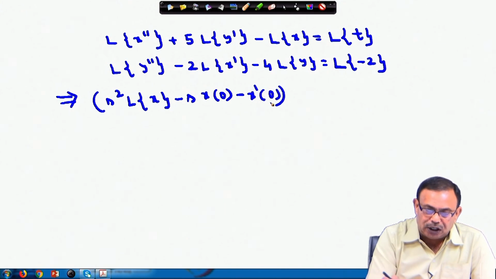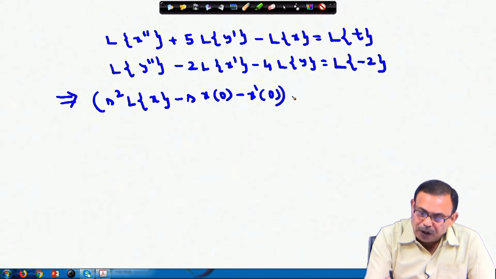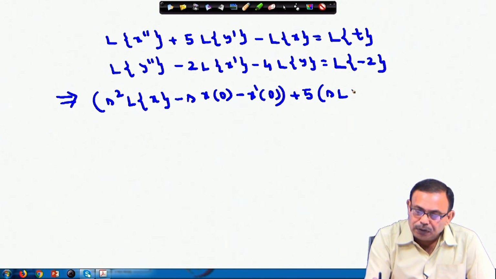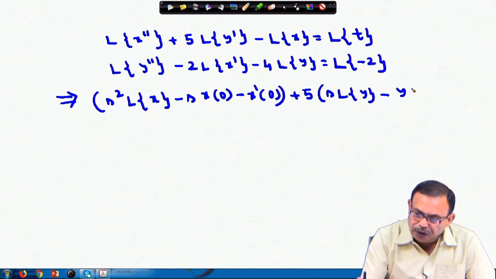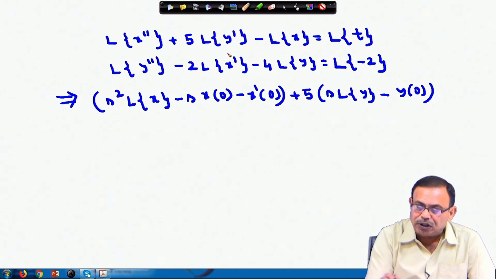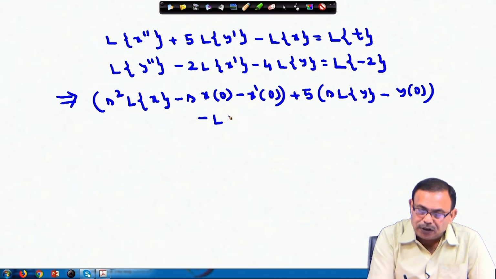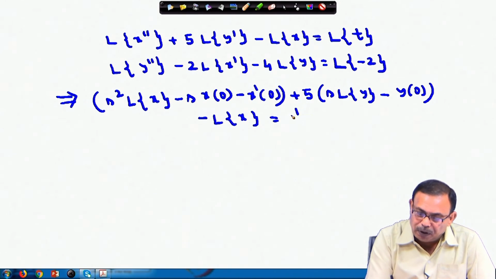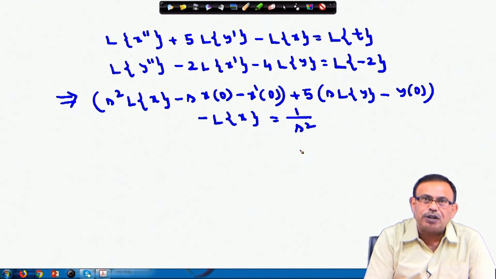This is for Laplace transform of x double dash, plus 5 into s into Laplace transform of y minus y 0. This is for Laplace transform of y dash, minus Laplace transform of x. This equals Laplace transform of t, which is 1 by s square.